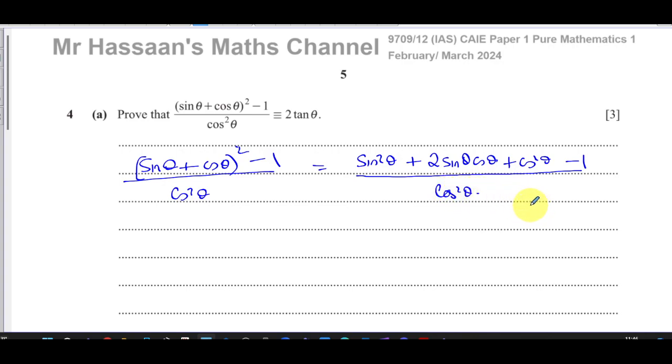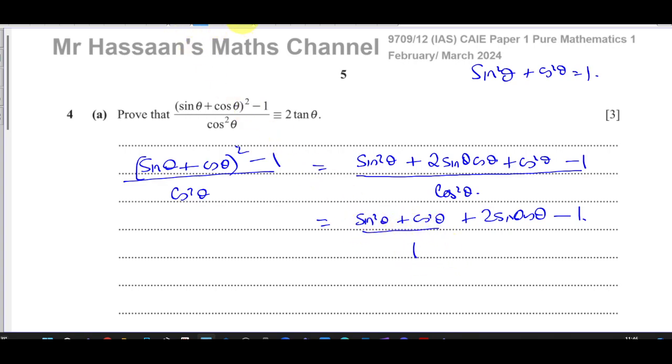Now we can bring the sine squared theta and cosine squared theta together, and we should know one of the fundamental identities is that the sine squared of an angle plus the cosine squared of the same angle equals 1. So these two together give us 1.